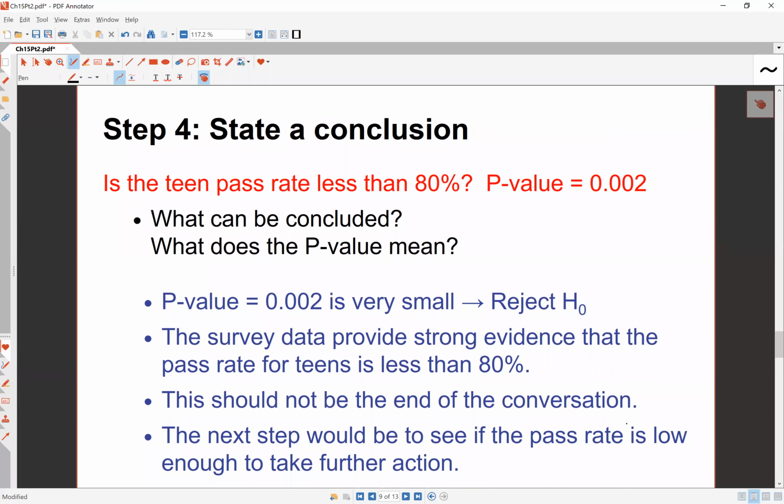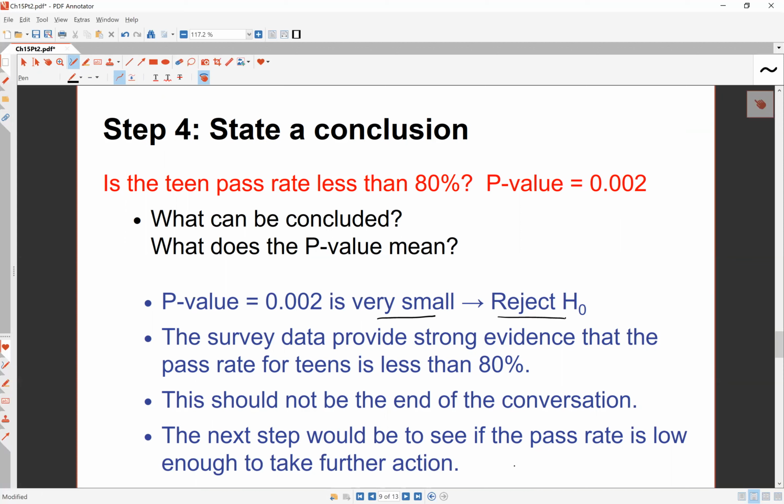Your final step in hypothesis testing is writing down a conclusion based on what you are seeing. So in this case, is the teen pass rate still reasonably assumed to be 80%, or is it now less than 80%? Well, because the p-value is very small, we are going to reject the null hypothesis.